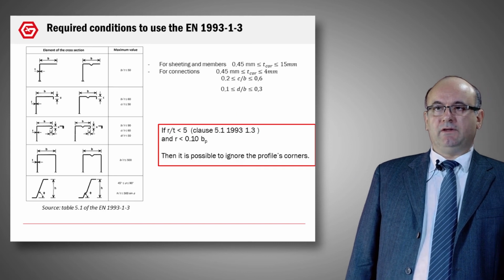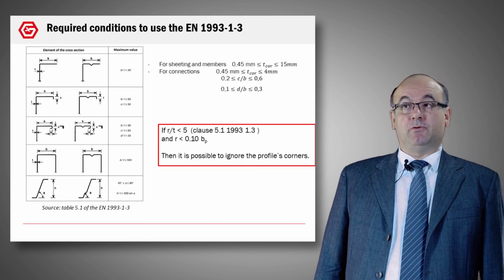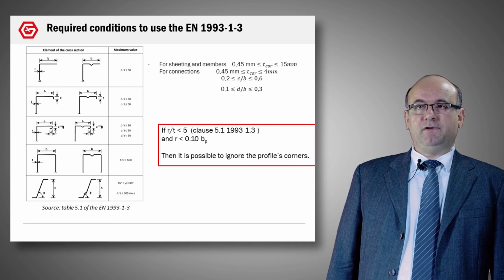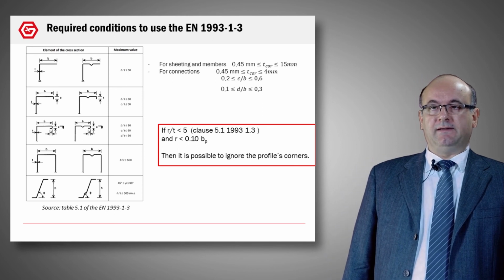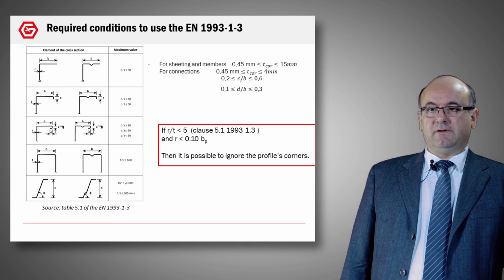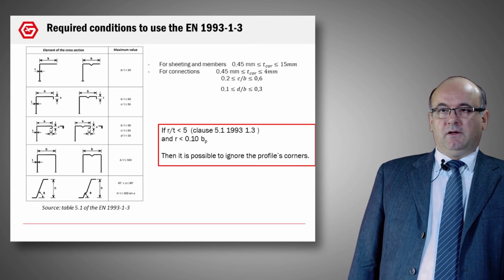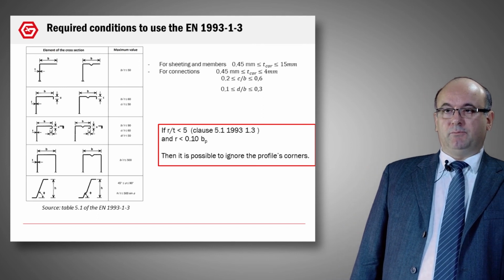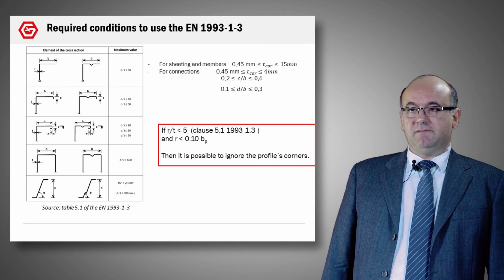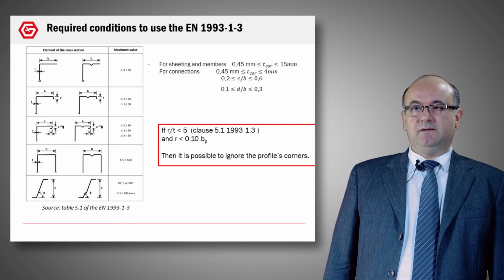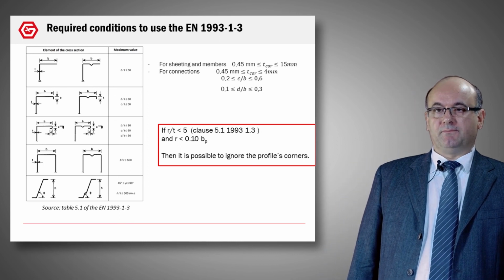As I said, when you make a design by calculation following the Eurocode, you have to follow the field of application of the formula. And here, you have an example in table 5.1 of the Eurocode that explains the criteria that must be applied. For the flange, on the bottom of the table, you can see that the ratio B divided by T must be inferior to 500.